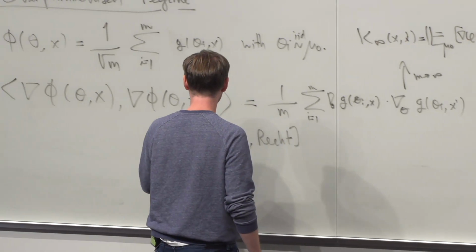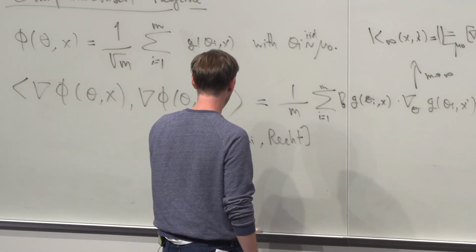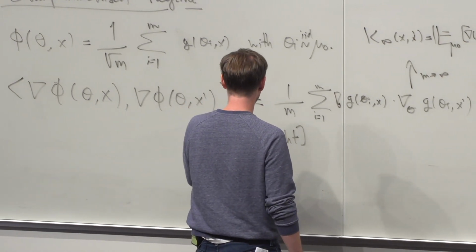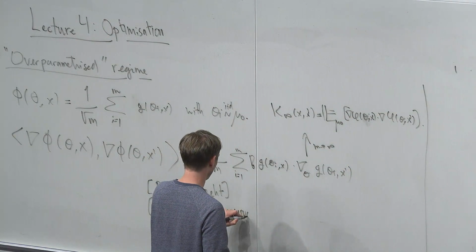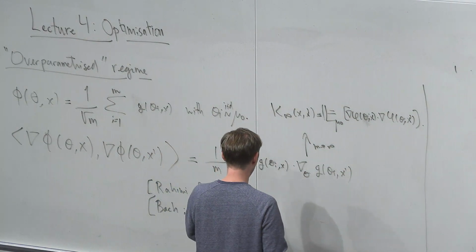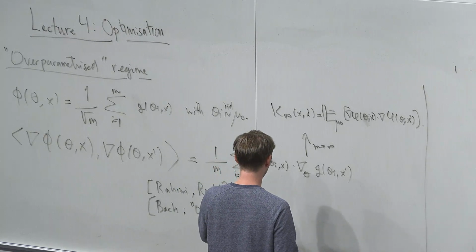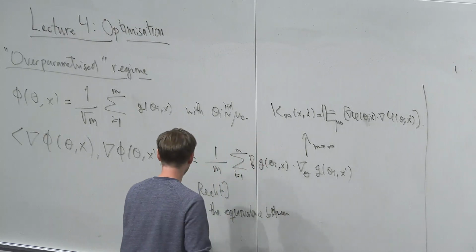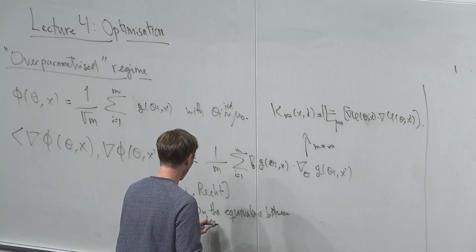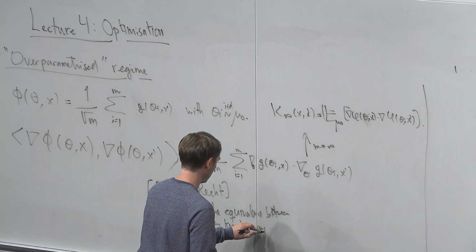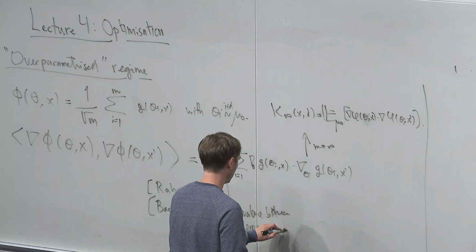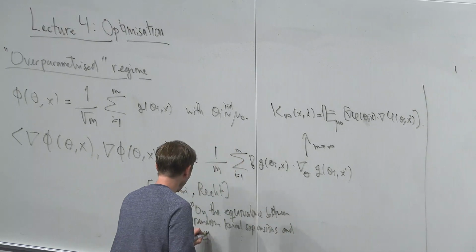And there's another paper by Francis that is called On the Equivalence between random kernel expansions and quadrature rules.